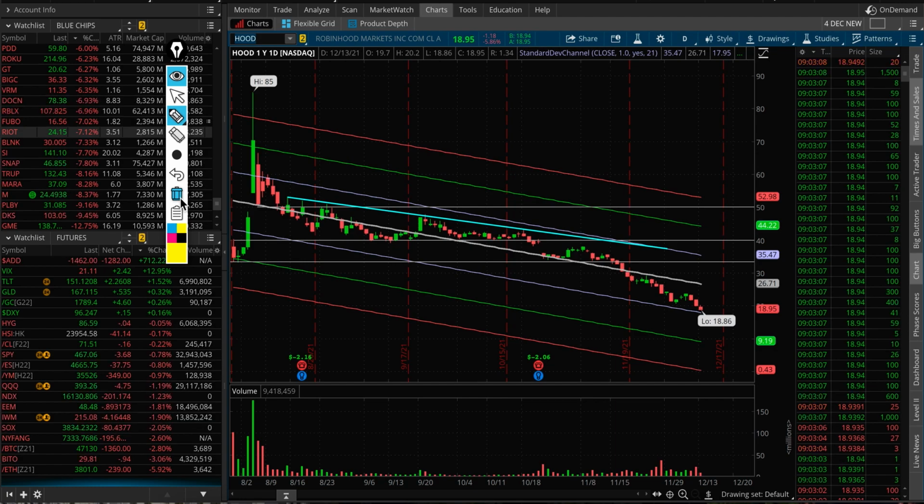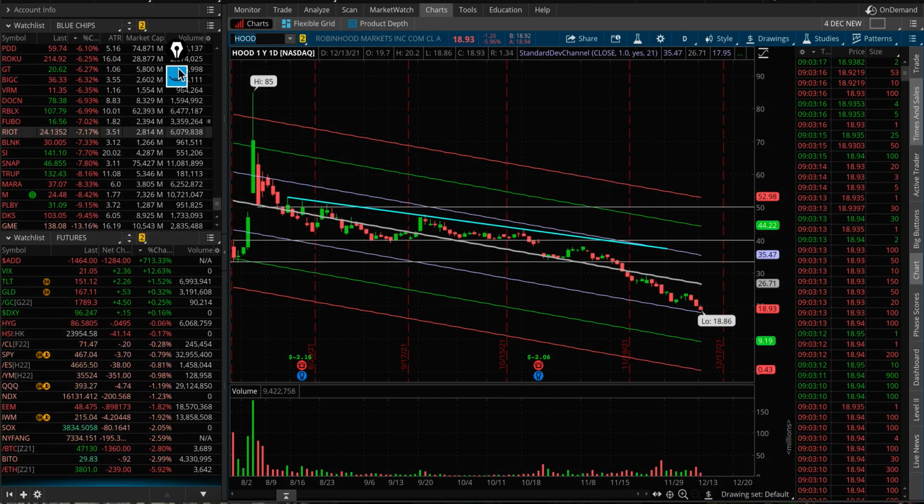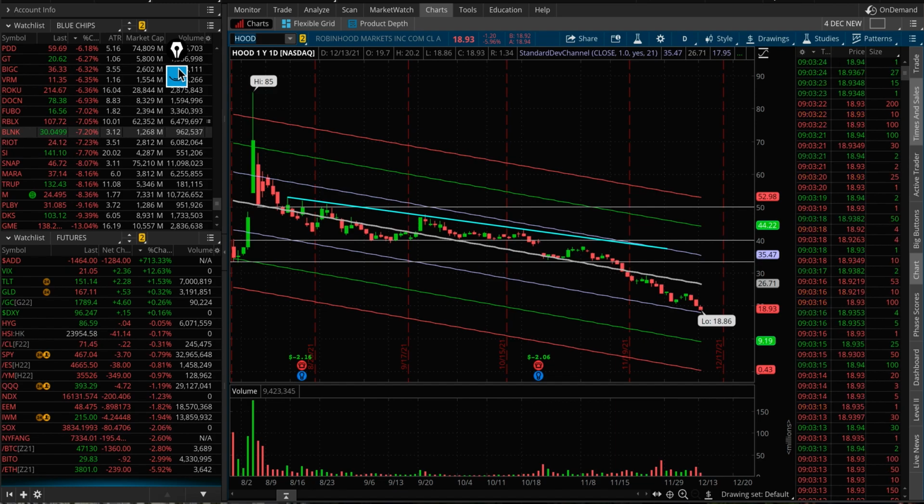That's where I came up with that. It's not to clickbait you, and I'm not trying to advertise my position. I don't have any position. I'm just a Robinhood user, and I happen to be watching this stock ever since they went public.